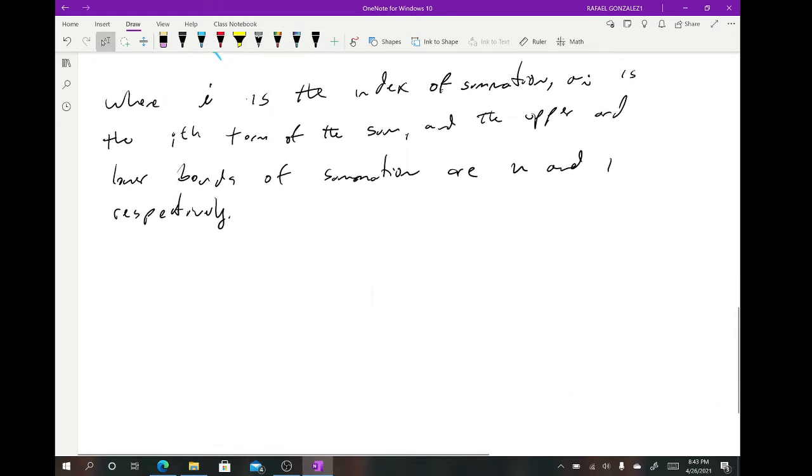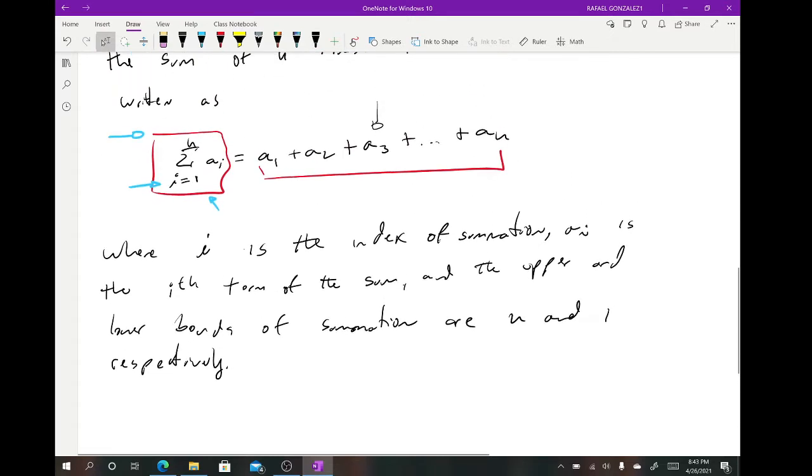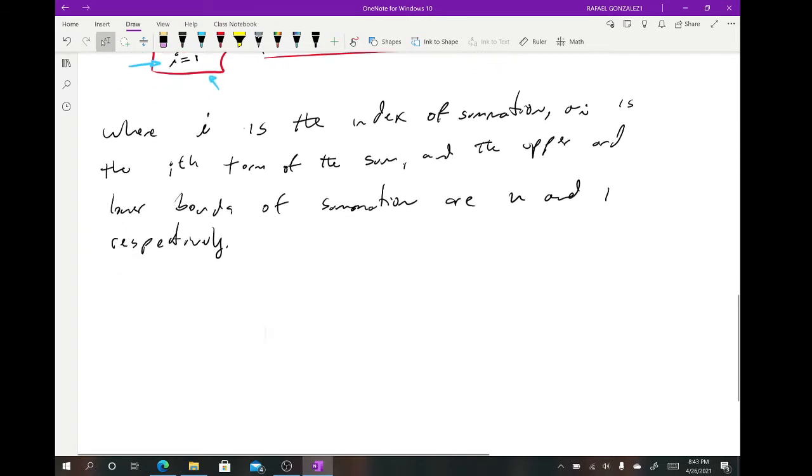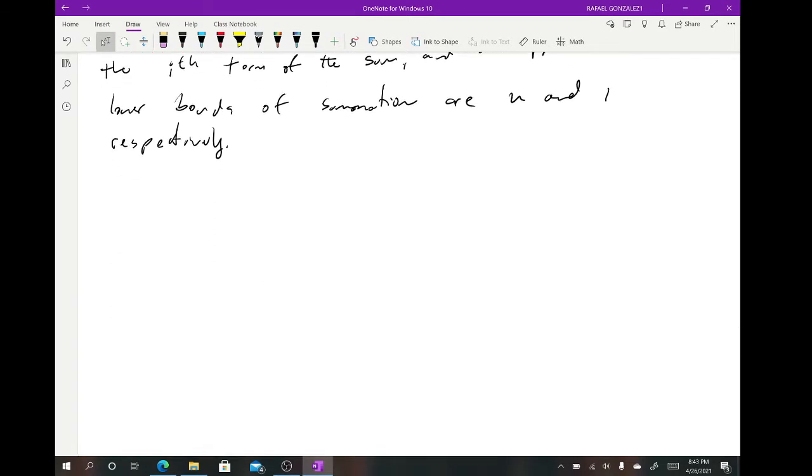So let's do some examples about sigma notation and adding things in this form. They're not particularly difficult to do, at least not at this level. Let's say somebody came up to you and gave you the sum from i equals 1 to 6 of i. Well, what does this mean?